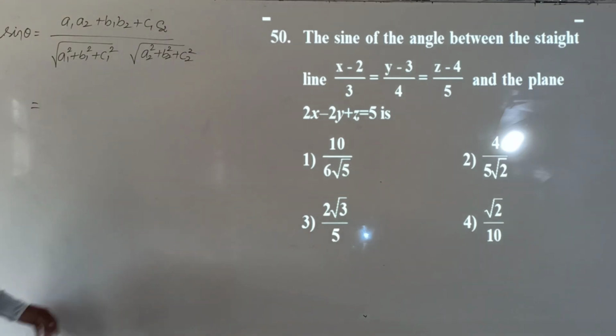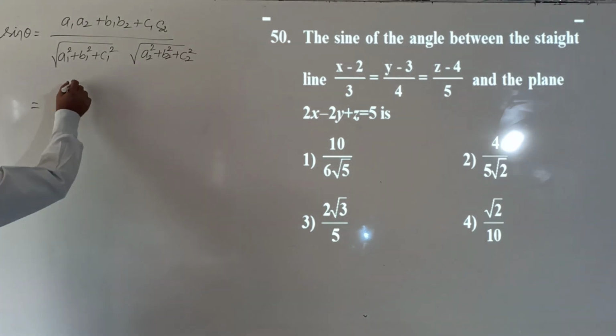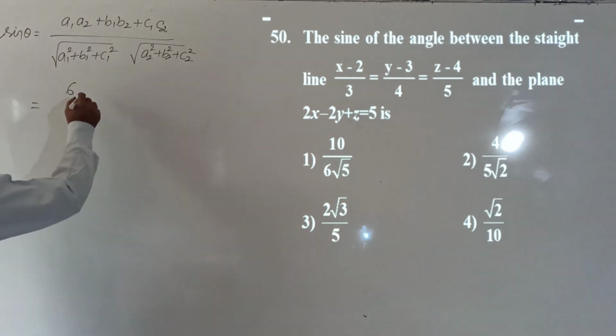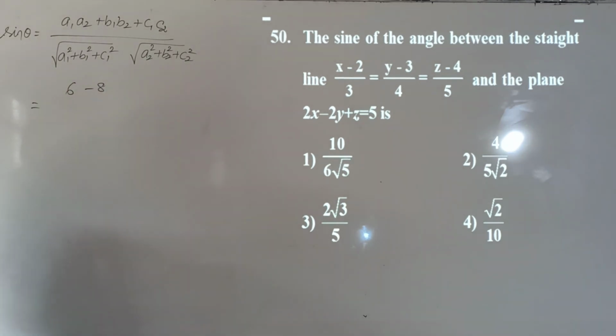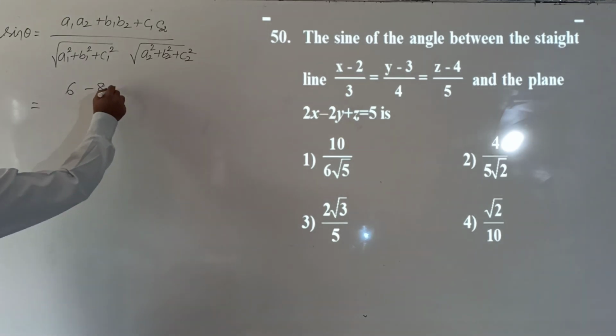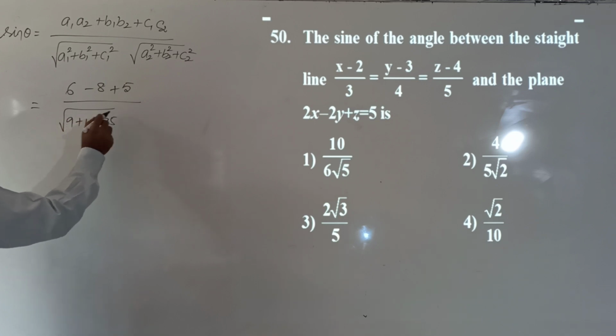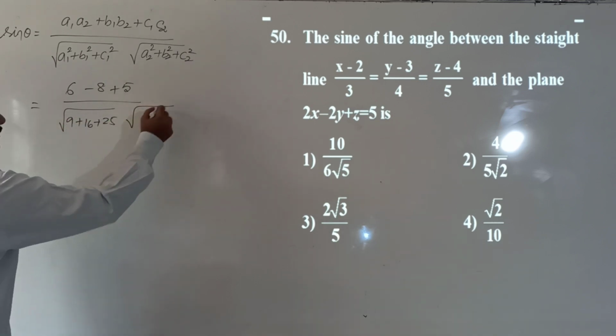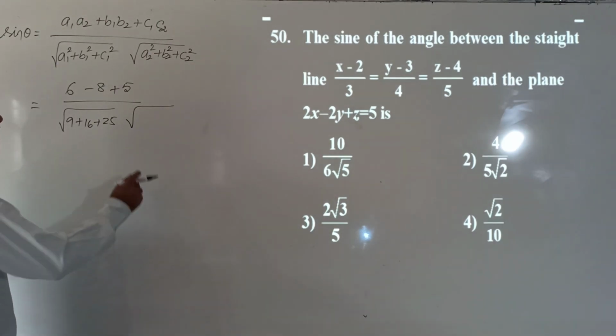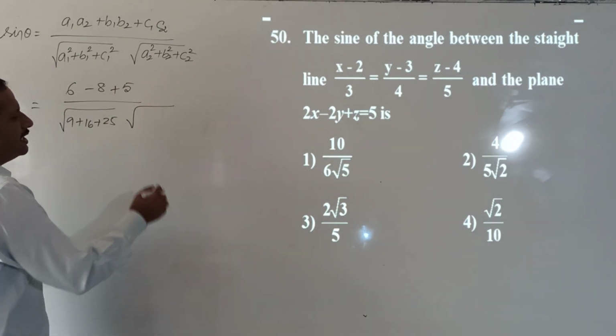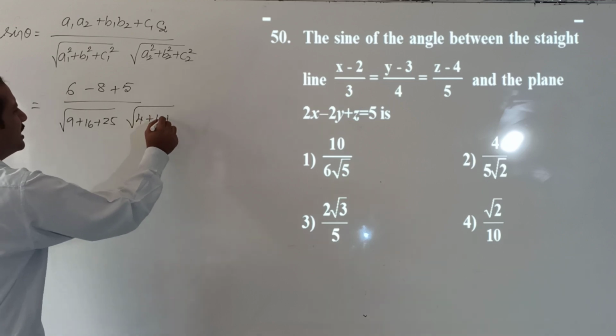In this case, a1 b1 c1 are 3, 4, 5 and a2 b2 c2 are 2, minus 2 and 1. So a1 a2 is 3 into 2, 6, plus b1 b2, 4 into minus 2, minus 8, plus c1 c2, 5 into 1 is 5, divided by root of 9 plus 16 plus 25, into root of a2 square plus b2 square plus c2 square, that is 4 plus 4 plus 1.